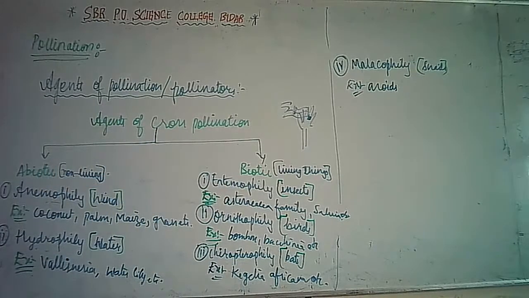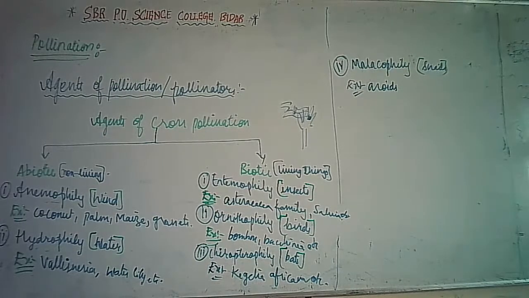Okay, so here, water pollination in Vallisneria, it is a submerged hydrophyte. It is adapted for what we call water as a pollinating agent, and it is adapted for cross pollination.